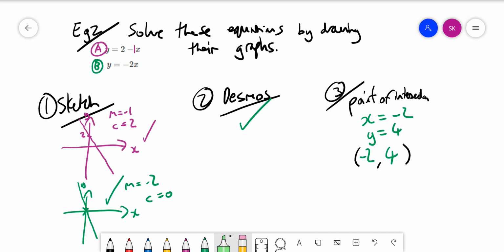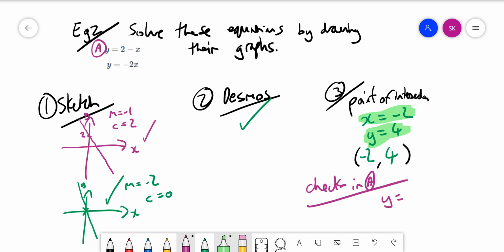What that means is this and this are the precise values that if you substituted them into here and here, they would work. The equations would make sense. Let's just double check. Let's check in equation A first of all. Y equals 2 minus x.